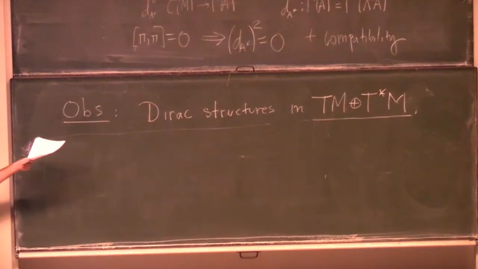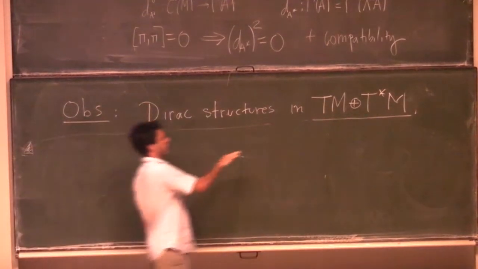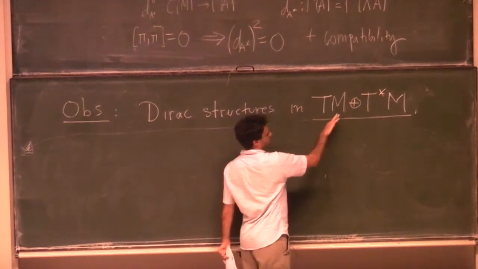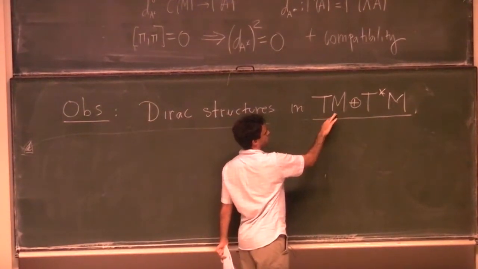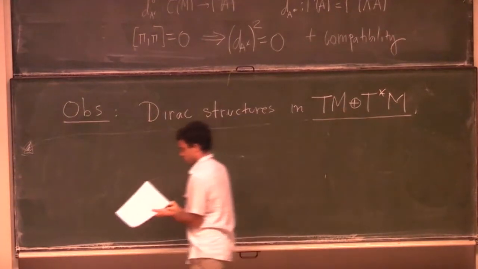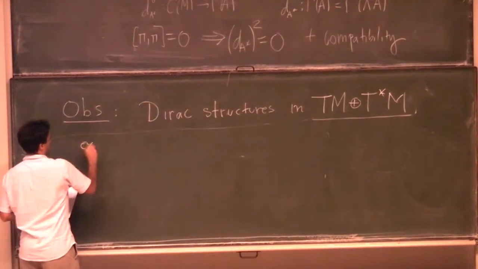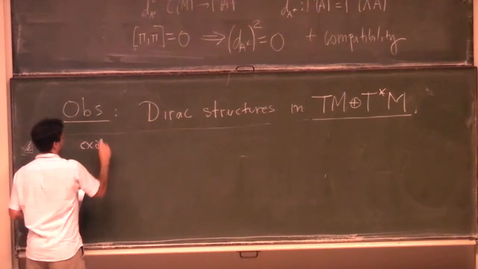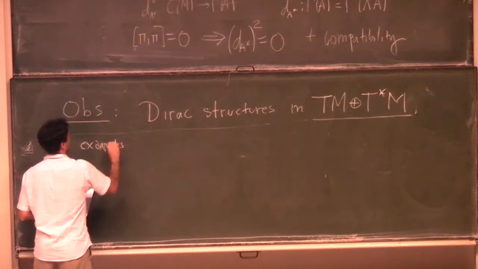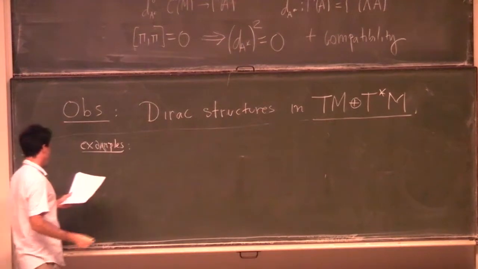So again, Dirac structures are Lagrangian subbundles with respect to the pairing in here, which are involutive with respect to this bracket. So some examples, just to mention.